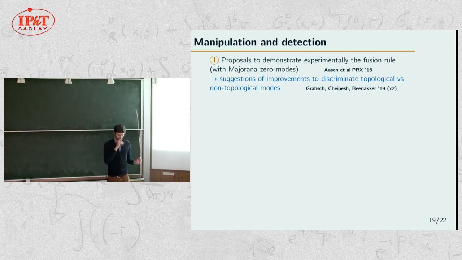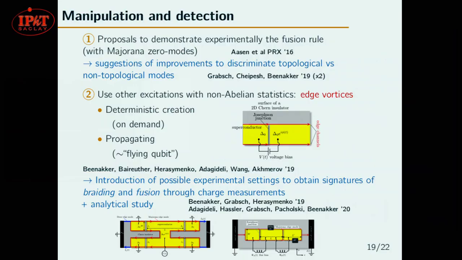And the second part is something slightly different, because the main problem with these vortices in topological superconductors is that they are fixed. They are bound to a defect, and you cannot easily take one and move it around, which is what you would like to do when you make the exchange. So what we have done is to look at other types of excitations which have non-Abelian statistics, called edge vortices.